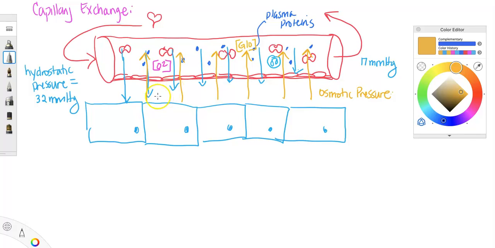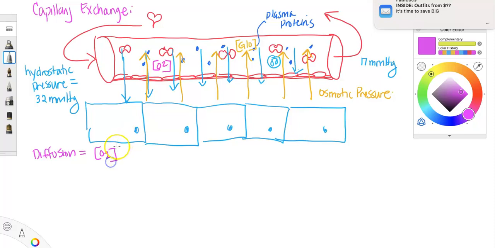All right, so certain things are happening here, different types of movement. And the first one is diffusion. Diffusion is what moves oxygen across.